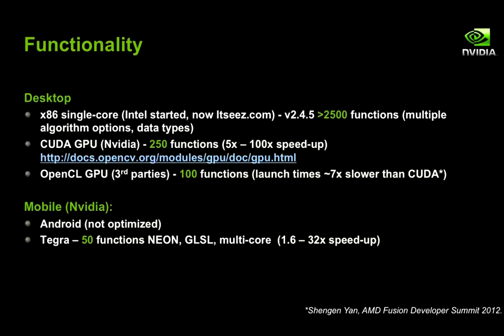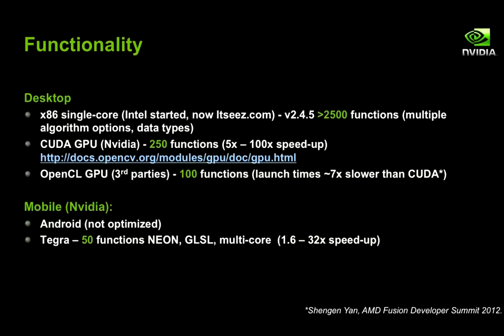From there, it has evolved into an independent software project, which is now managed by a company in Russia called itseez.com. The current version is 2.4.5, which contains over 2,500 functions with multiple options for each algorithm, and also many algorithms operating on different types of data, ranging from 8 bits to 16 bits, single channel or multi-channel data.